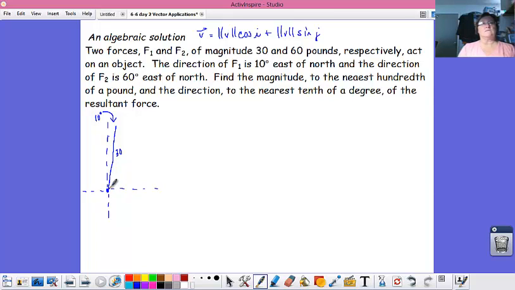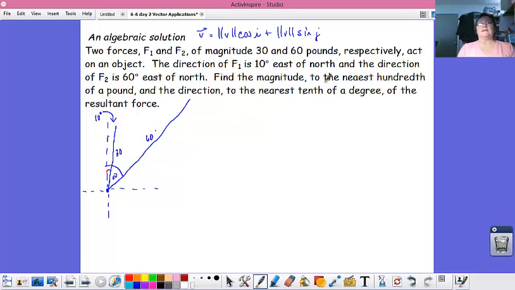So that angle is wider, and the force is stronger in this one. 60 degrees there. Okay. And we've got 10 degrees here. So I'm going to mark that 10 degree angle in red, I think. 10. Okay, let's see. And this one had a force of 60 pounds.